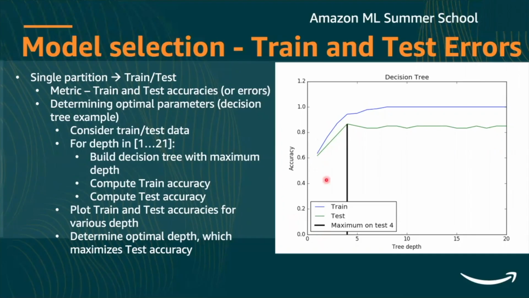For depth 1, the accuracy is 0.6. For depth 4, it's 0.9, and so on and so forth. And after this, the accuracy does not change much. So ideally, you would select this model as your best model because the train and test curves follow similar trends, and the best accuracy on the test set you get here at 4.